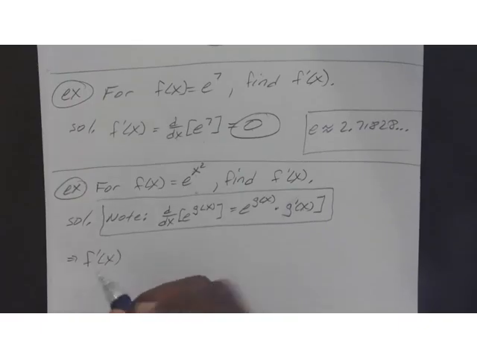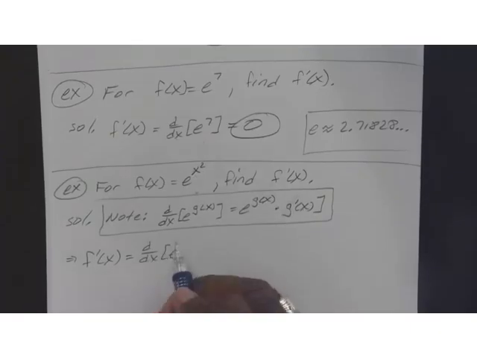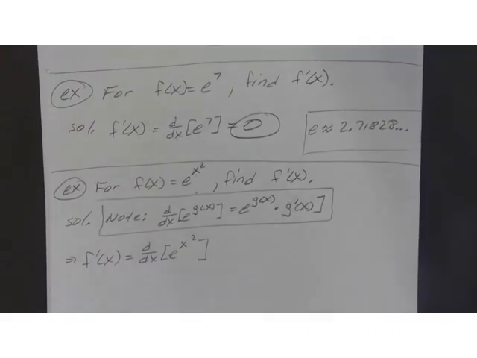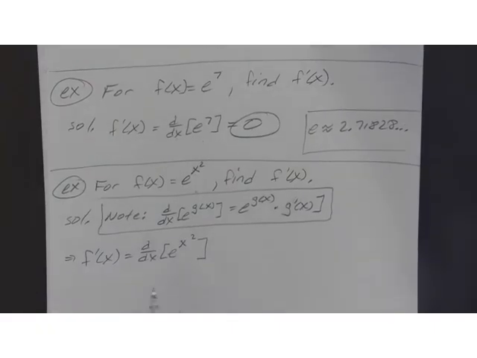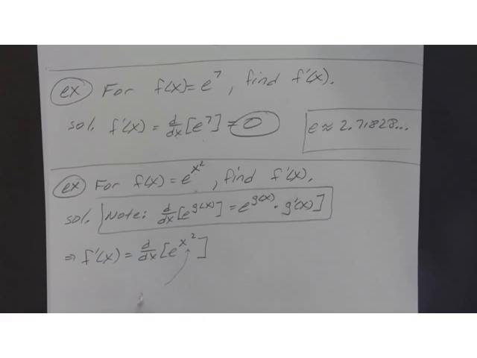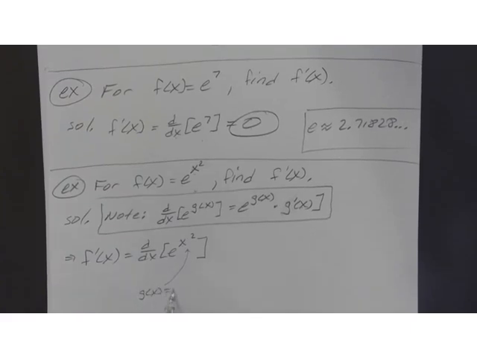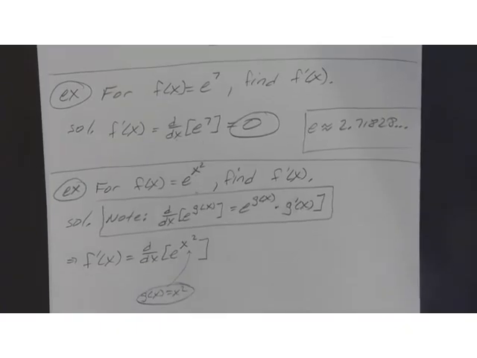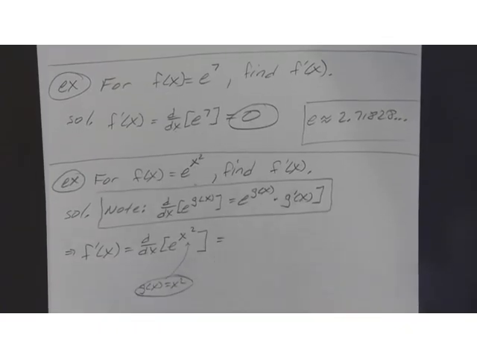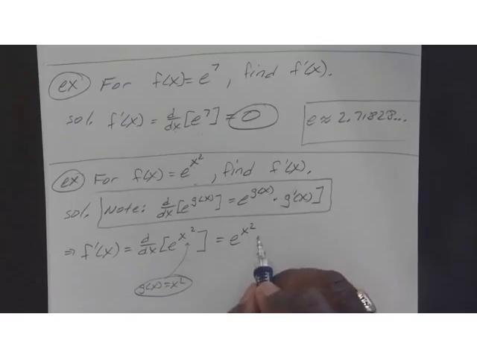So our f prime of x is just the derivative of e to the power of x squared. Remember, in this case, your x squared is equal to g of x. So that means it's going to be equal to e to the power of x squared times the derivative of that x squared.